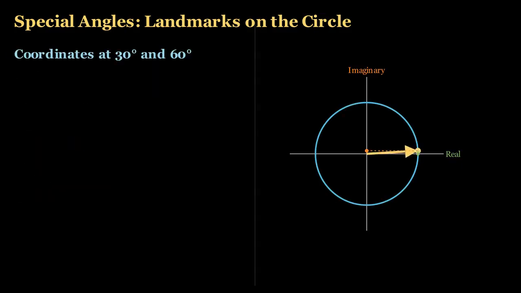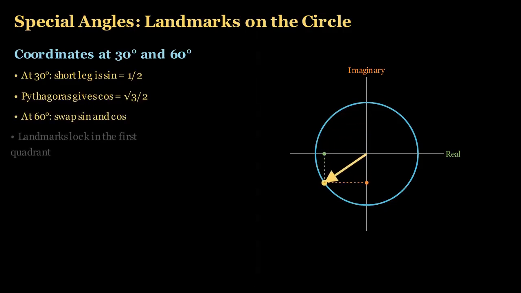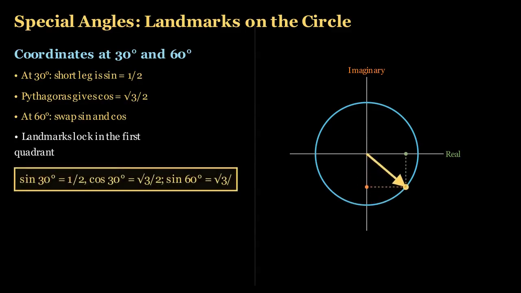At 30 degrees, the short leg is the vertical side, sin 30 degrees equals 1/2. Pythagoras then gives cos 30 degrees as square root 3/2. At 60 degrees, the triangle flips, sine becomes square root 3/2 and cosine becomes 1/2. These landmarks anchor the entire first quadrant.